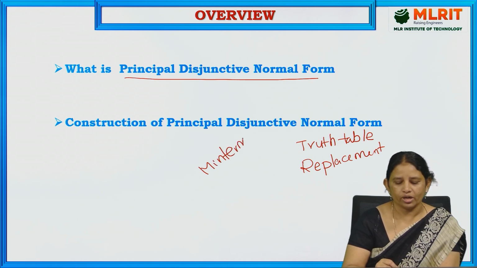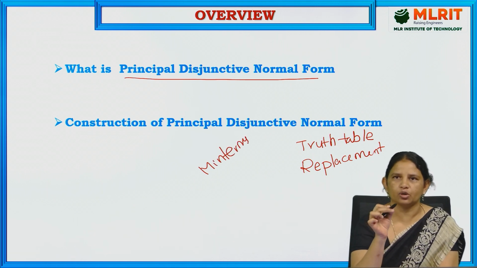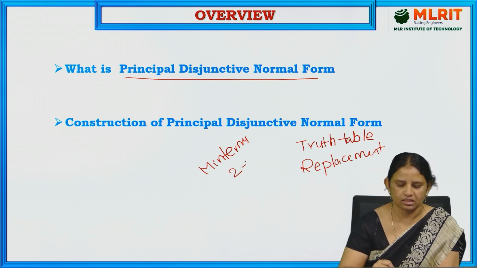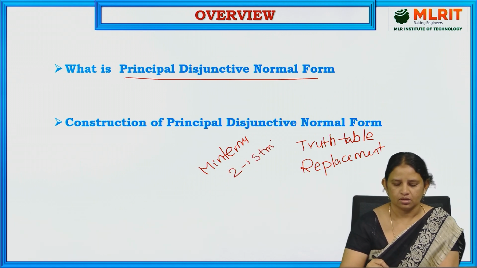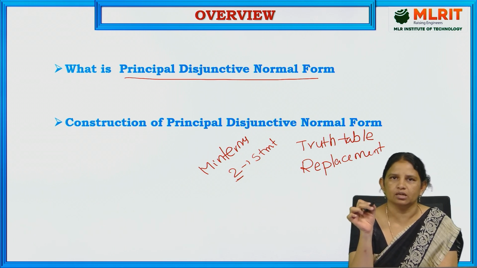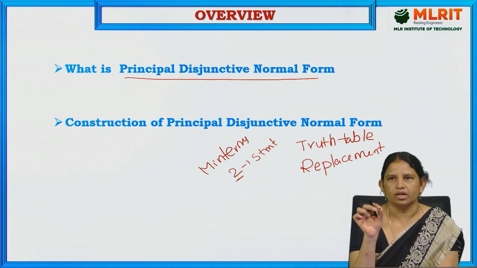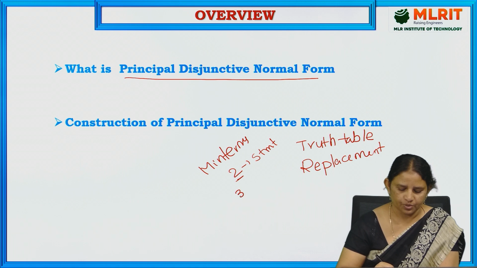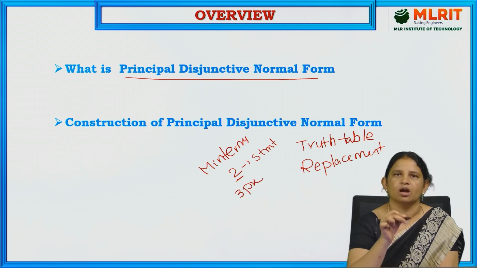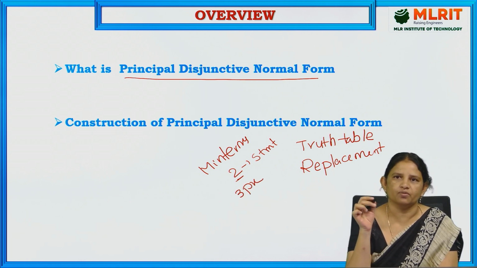Then, how many minterms are possible if there are two propositions present in the statement, or three propositions? We will discuss all those things in the next slide.